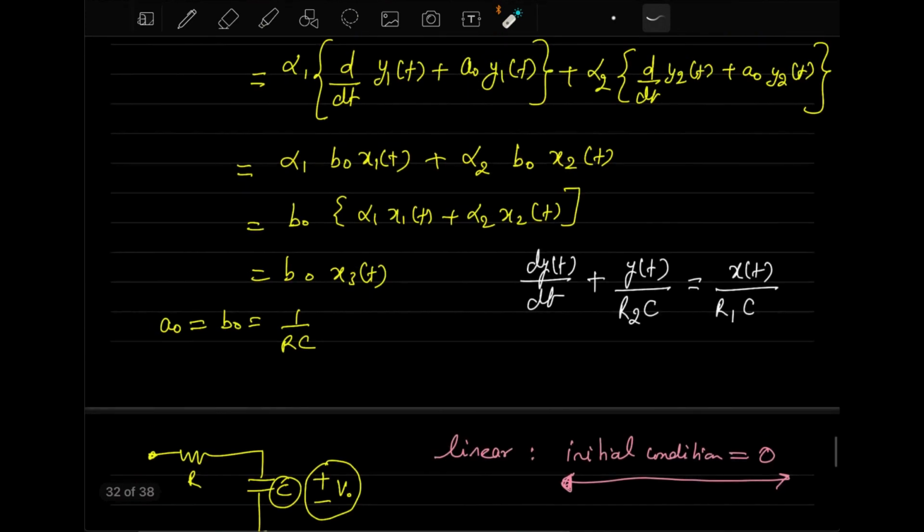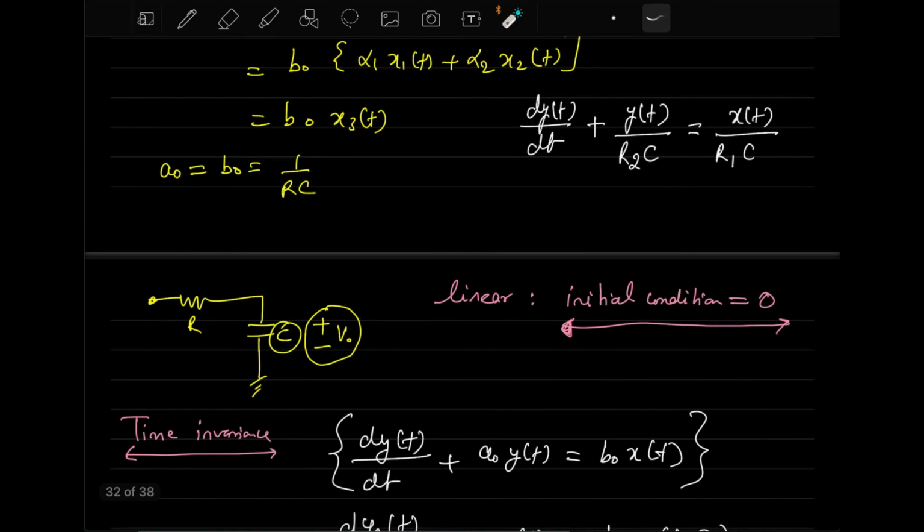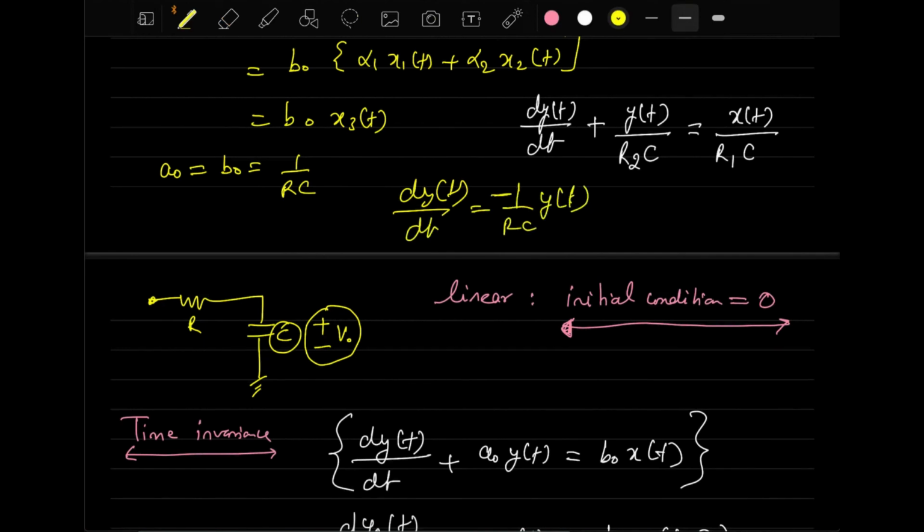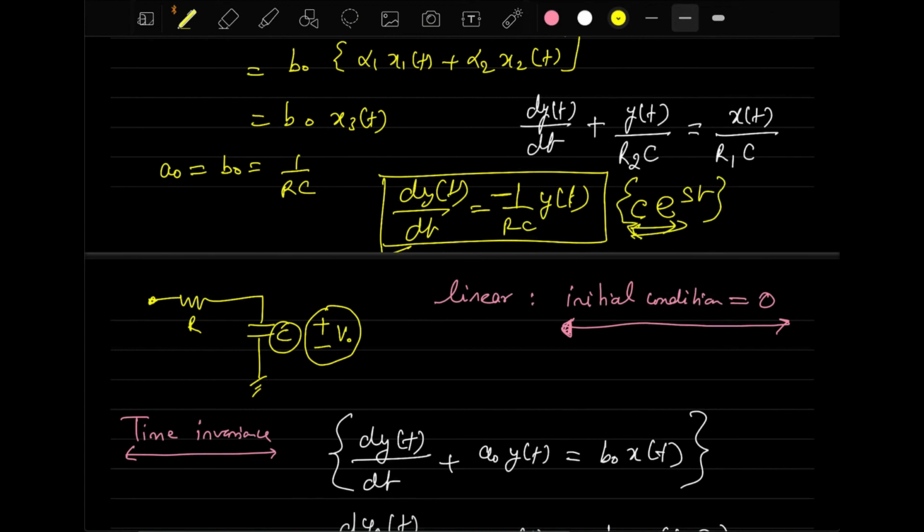See here, if you have this type of equation, and this is zero, you are taking dyt over dt equal to 1 over rc times yt. If you see this equation, it will be satisfied with an exponential function with c power into it. So normally if you compare and equate the two terms with this type of solution, that will satisfy.